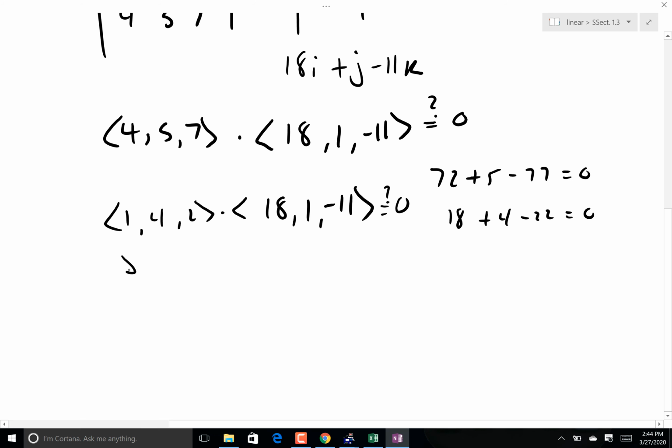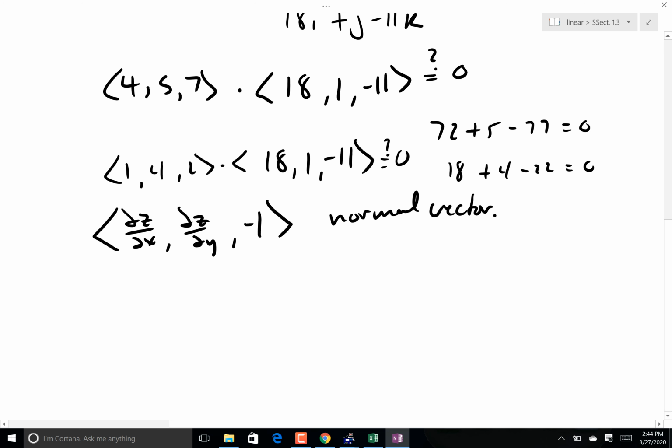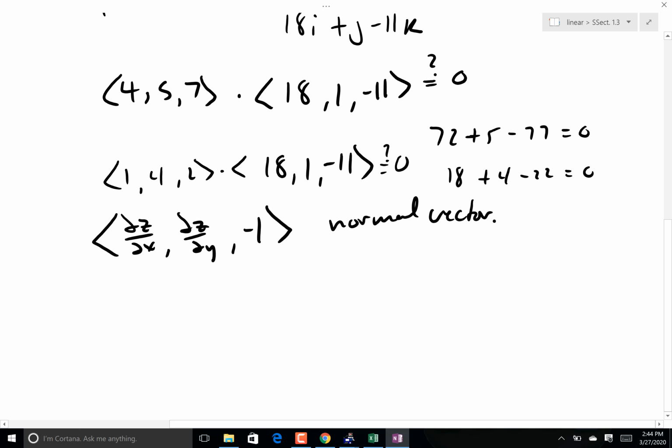So back to our setup here: dz/dx, comma, dz/dy, comma, negative 1. This is the normal vector. It's the way we had it previously set up when we were given those points.